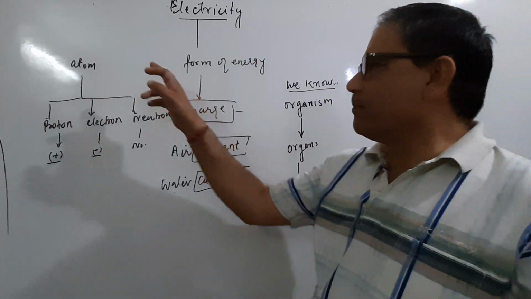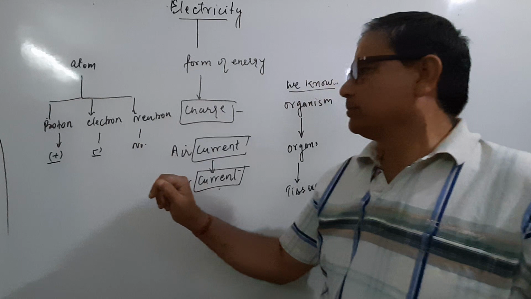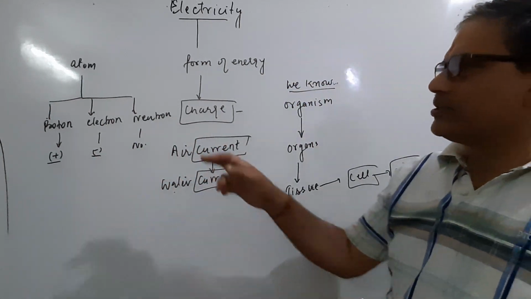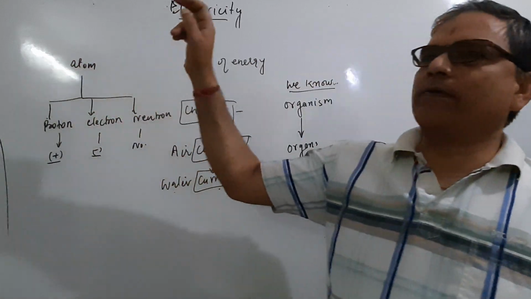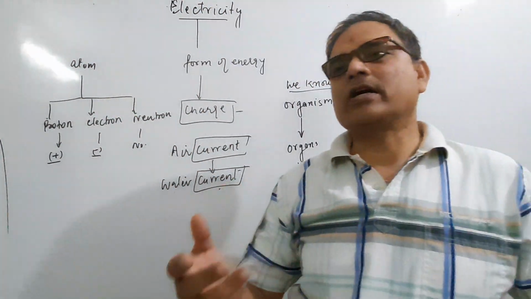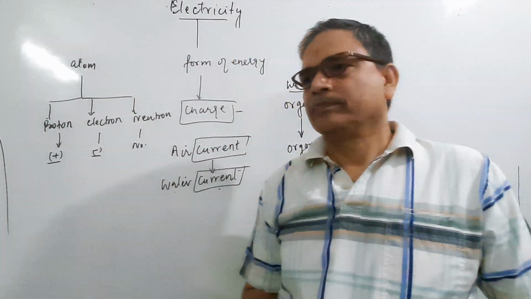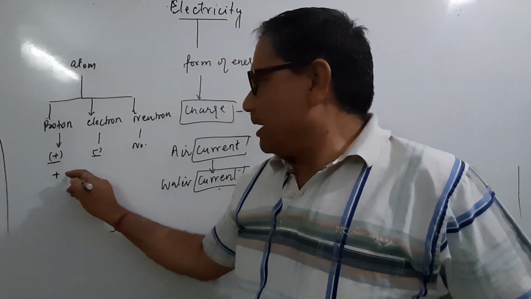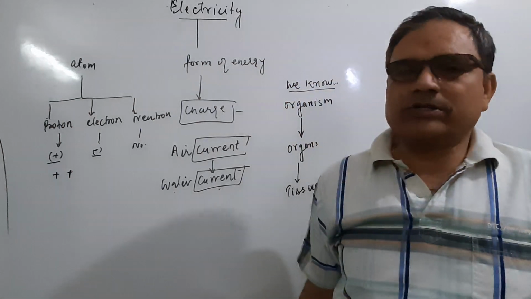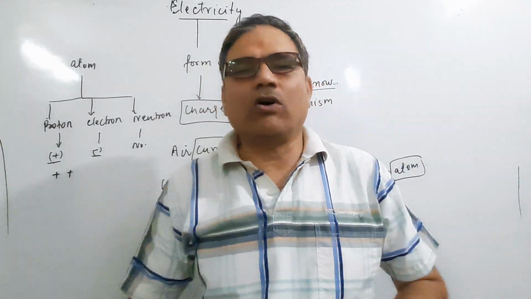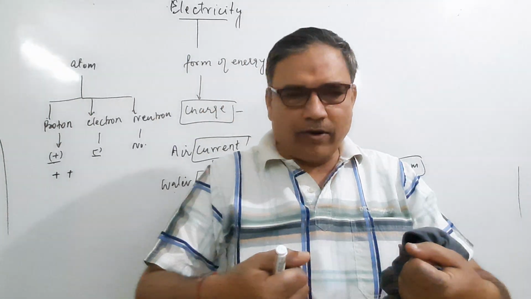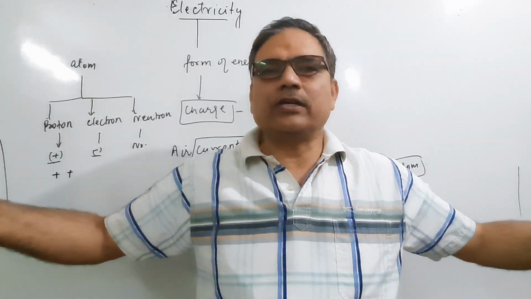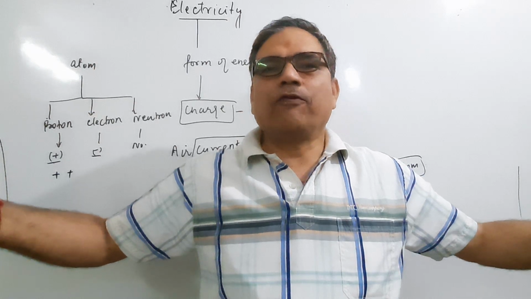If the atom contains protons and electrons, positive and negative charge, but generally we know the whole atom behaves like a neutron, then how is charge produced in an atom? First case, plus and plus charge, like charges always repel each other, meaning they move away from each other. There will be a force of repulsion.